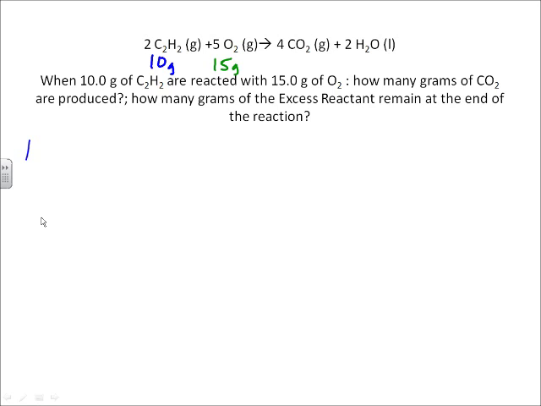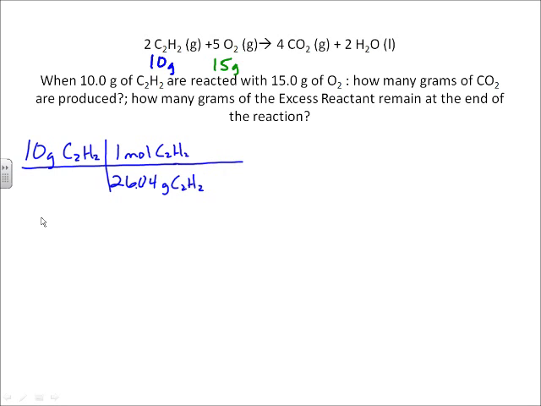If you have 10 grams of C2H2, you're going to have to find out how many grams of carbon dioxide you can produce. So you're going to start off by finding a molar mass, 26.04 grams C2H2 to 1 mole C2H2. Use your coefficients from your balanced equation.